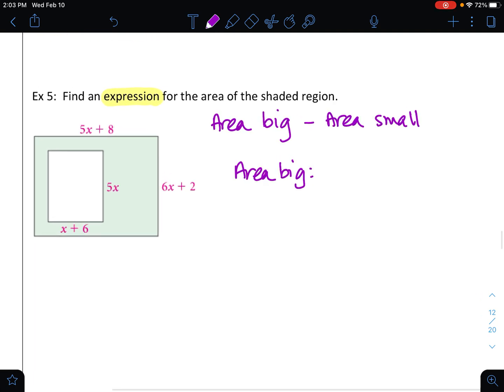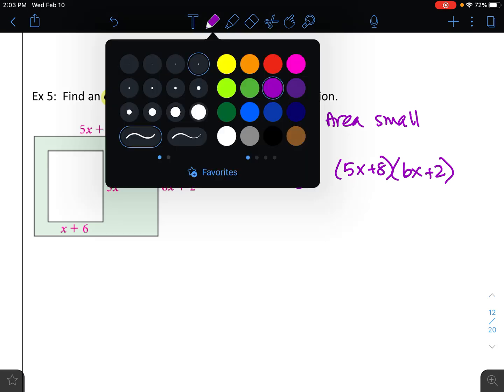Okay, so area is length times width. So I'm going to take the 5x plus 8 times 6x plus 2. Go ahead and multiply that out. So, of course, I'm going to distribute.